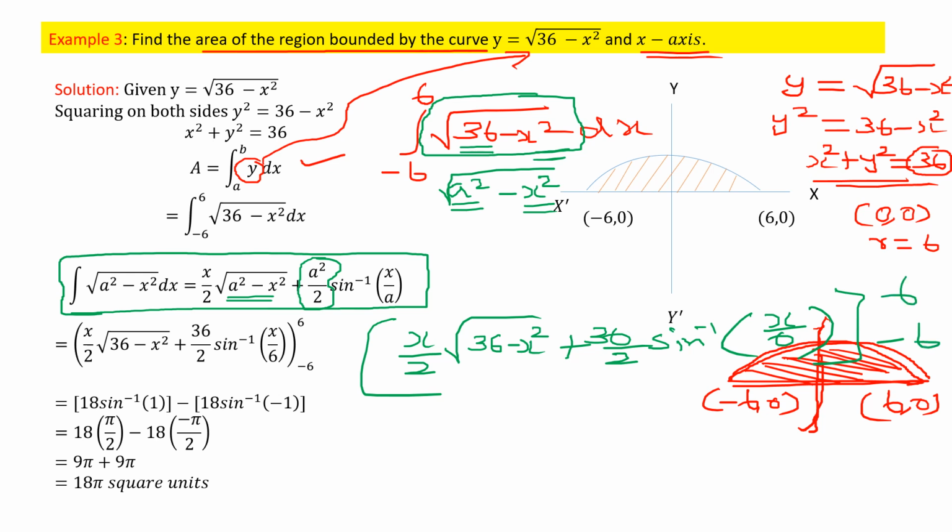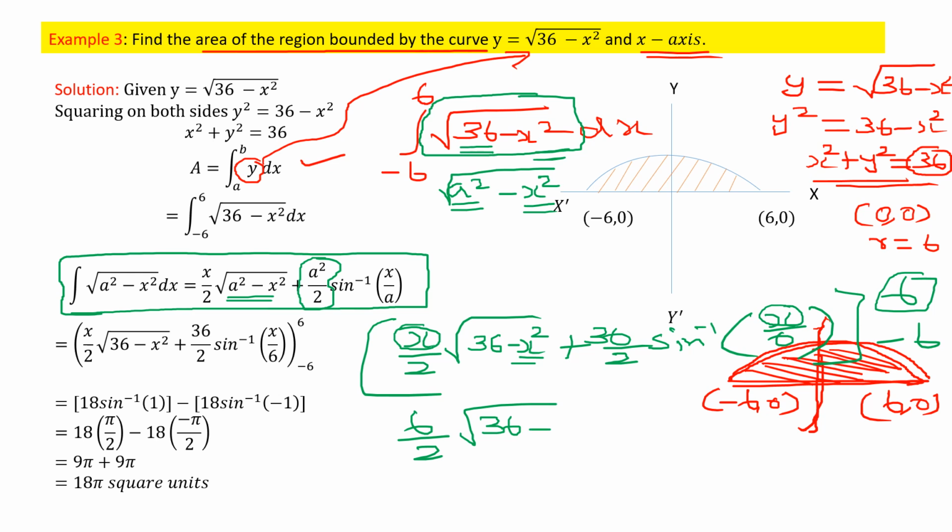So first we will replace this x, and this x by the number 6, by the upper value 6. So you will get 6 by 2 square root of 36 minus x power 2.